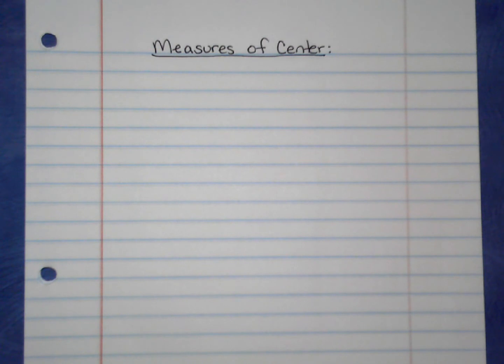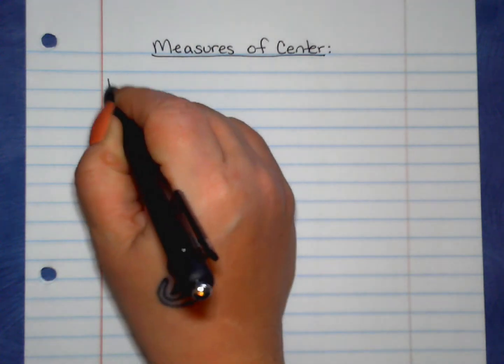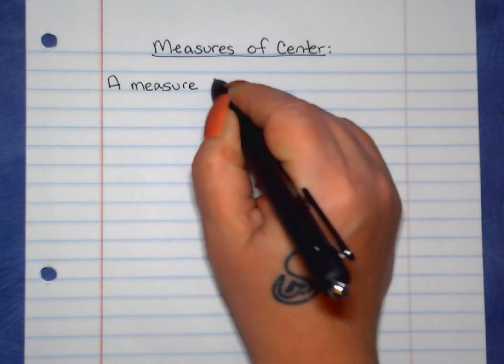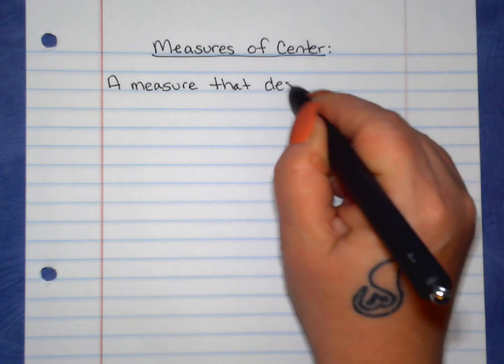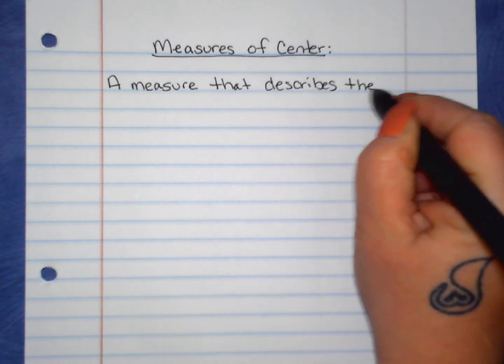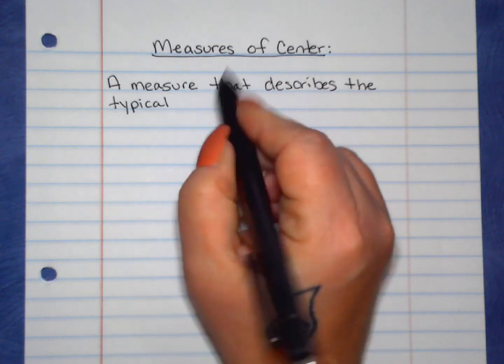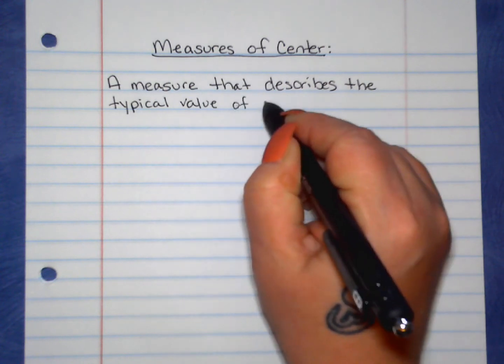So before we dig into what a measure of center is, let's first define it. A measure of center is a measure that describes the typical value of a data set.